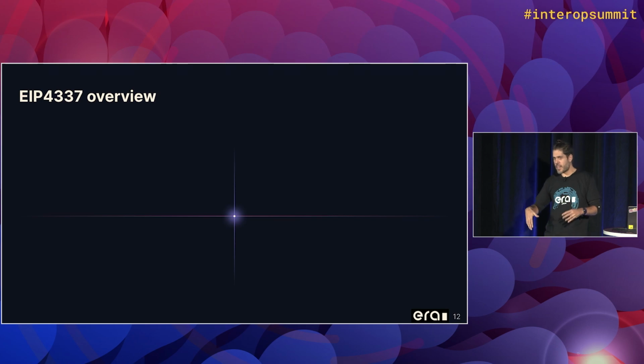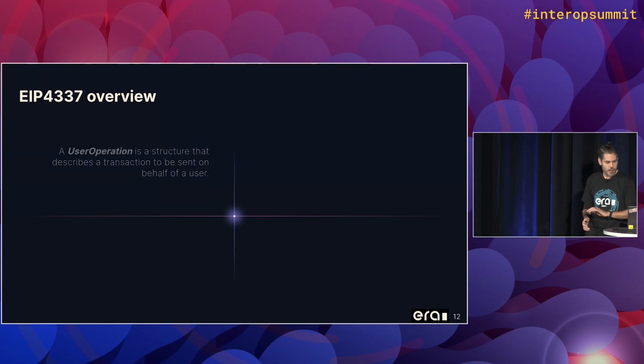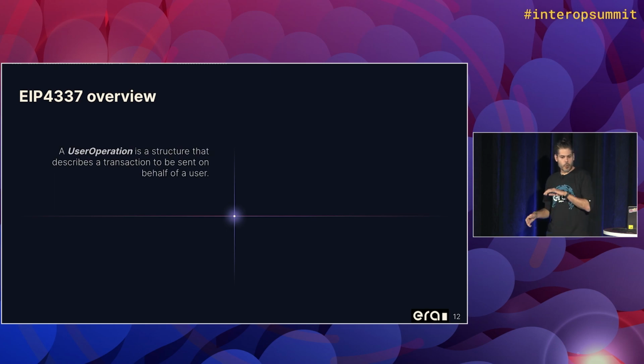EIP 4337 is a big EIP. It introduces a lot of new concepts, so I'm just going to explain them super fast. We have this concept of user operations. To keep things simple, user operations are transactions that have been initiated from smart contract accounts.